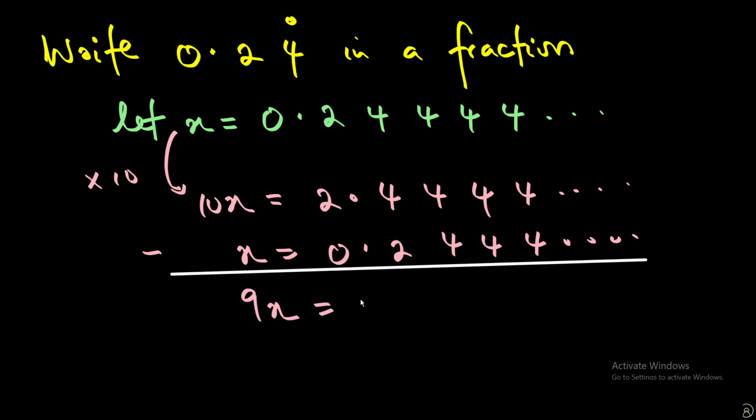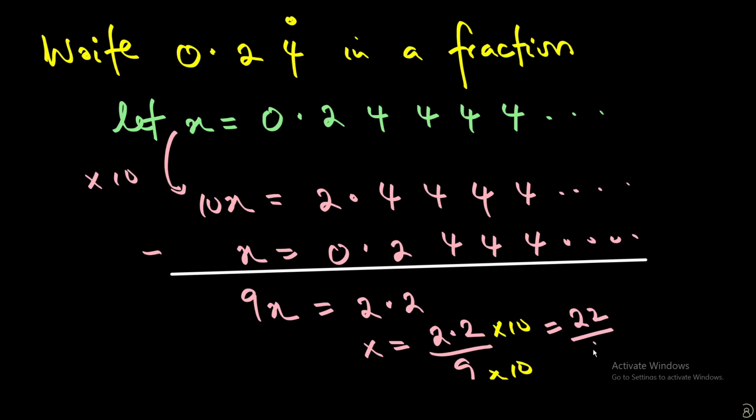And if you subtract here, that would be 2.2. So x will be 2.2 divided by 9. To make the numerator a whole number, multiply the top by 10 and the bottom by 10, and that's 22 over 90. And then, of course, if you want to simplify the fraction, this would be 11 over 45.